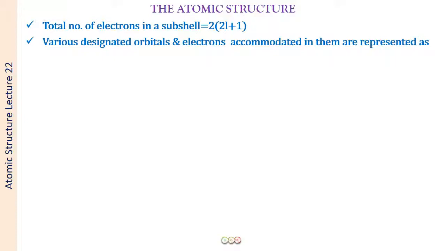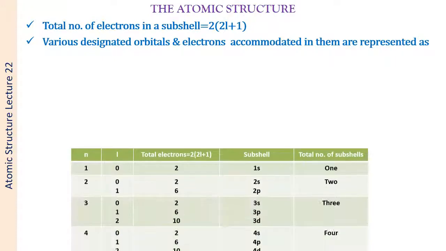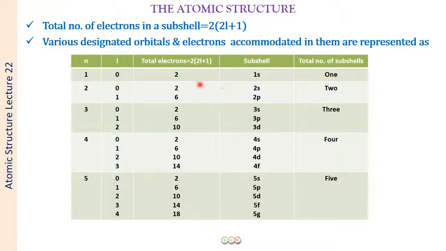And various designated orbitals and electrons accommodated in them, they are represented as, when n is 1, we have the possible value of L to be 0, and the total number of subshells, this is going to correspond to the value of n. So the total number of subshells is going to be 1. Okay, we will move one by one.